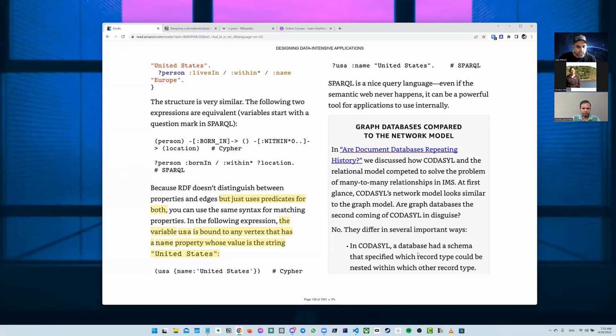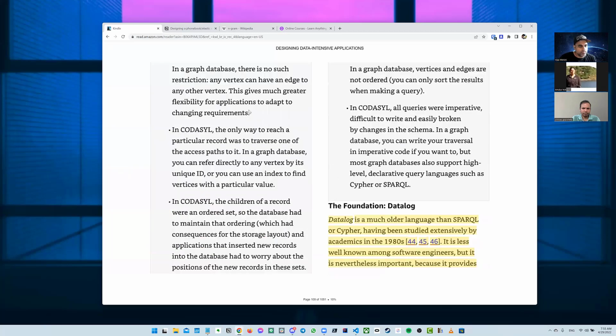Here it says that CODASYL, a database, had a schema that specified which record type could be nested within another record type. In a graph database, there is no restriction. Any vertex can have an edge to any other vertex. This gives a much greater flexibility for applications to adapt to changing requirements.